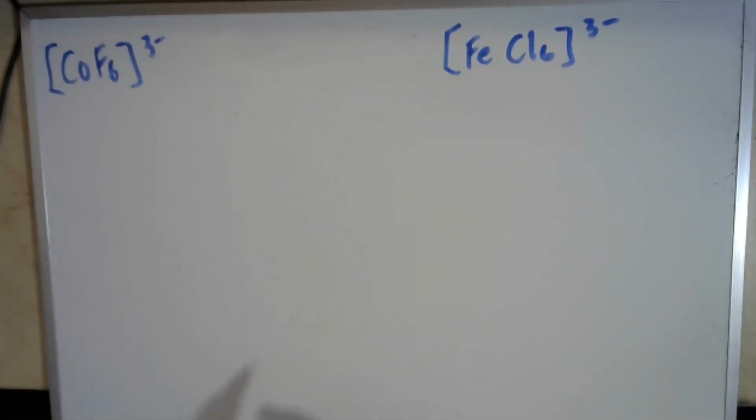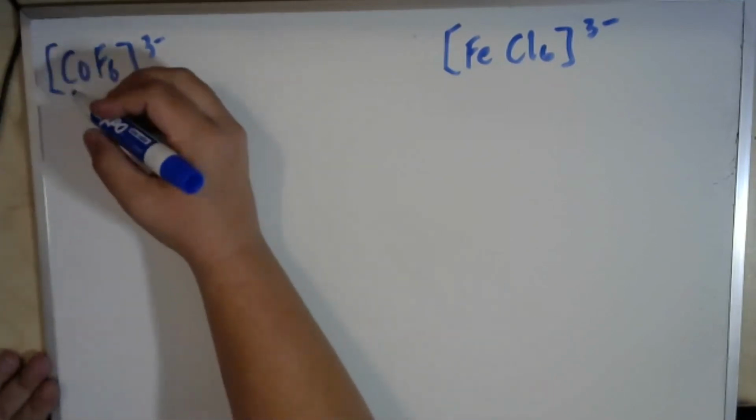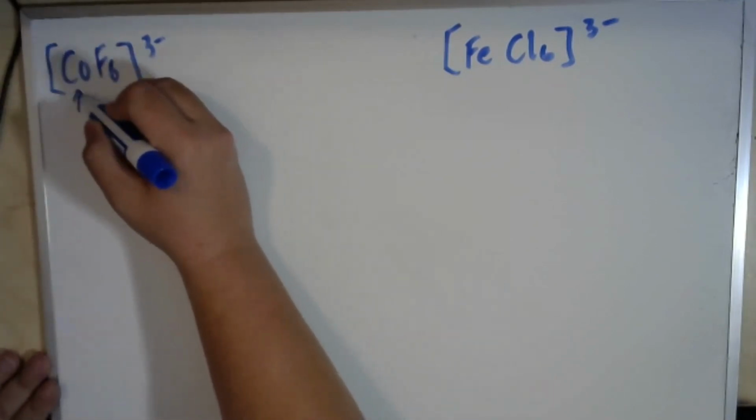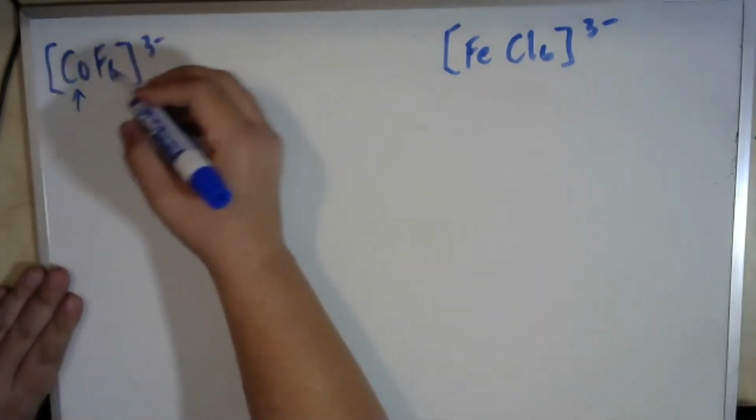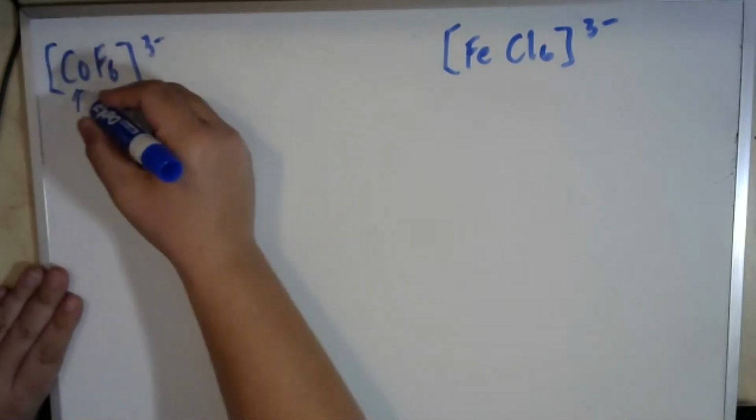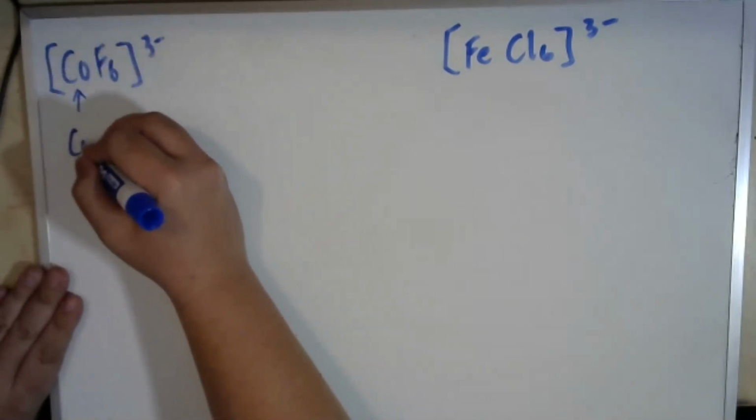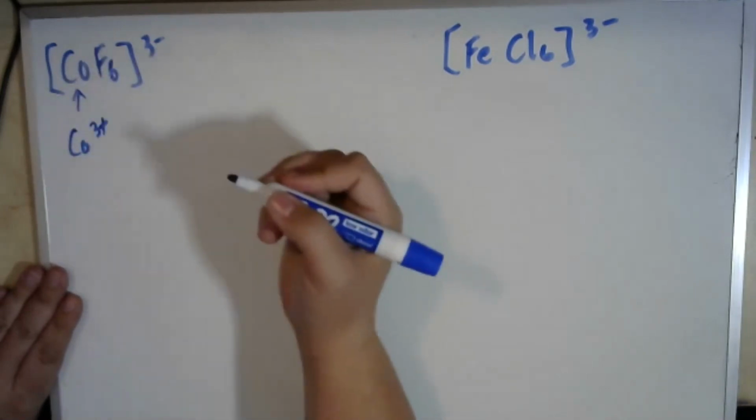So you're going to start any process like this by figuring out how many electrons the central metal has, okay? So for cobalt, we know that the cobalt ion here is going to be Co3+, right?